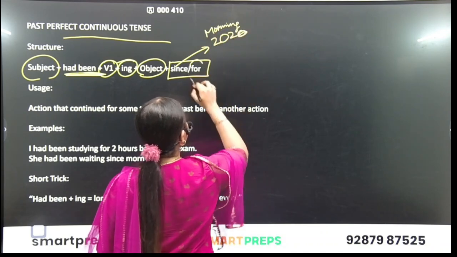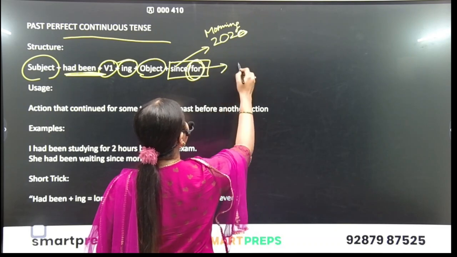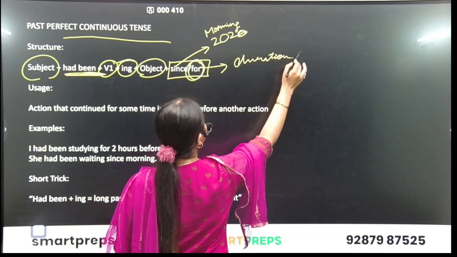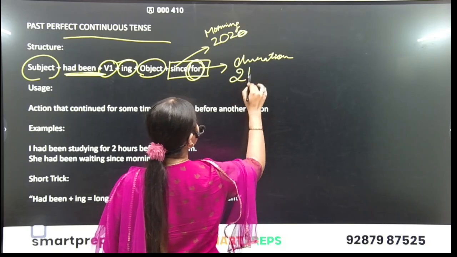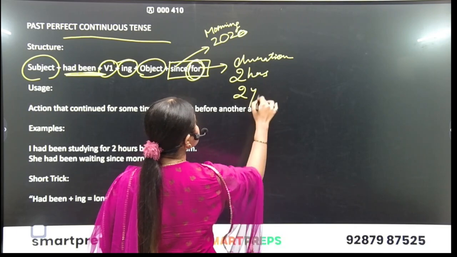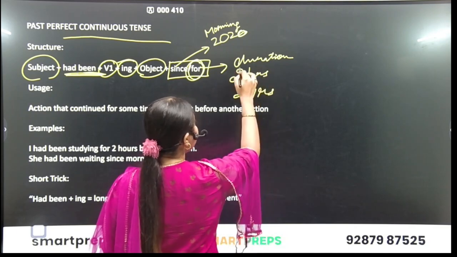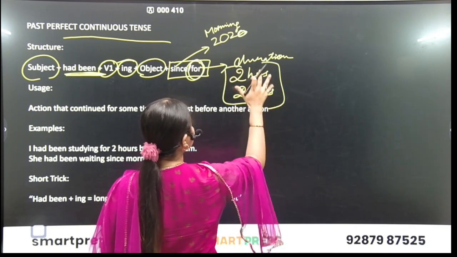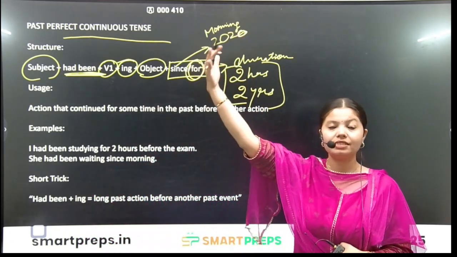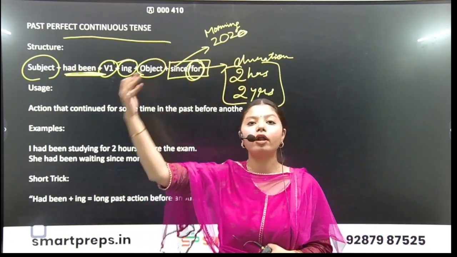Now for, we will be talking about the duration. For 2 hours, or for 2 years. So I'm mentioning the proper duration, and since means I'm talking about a specific time. Since 2020, since morning, since afternoon.